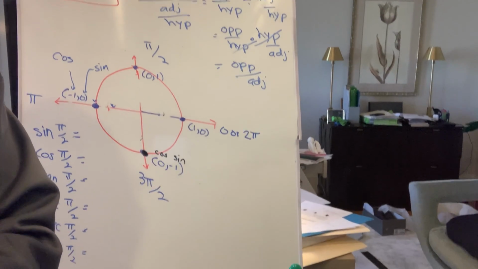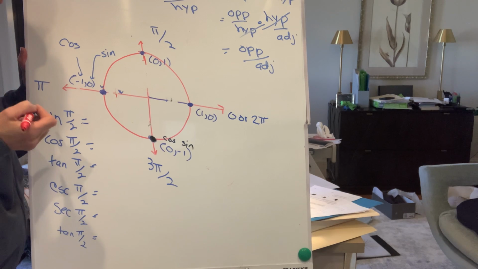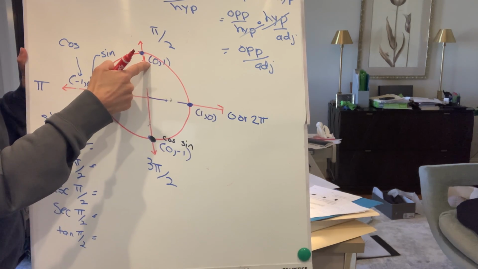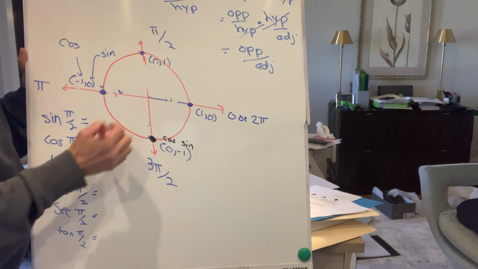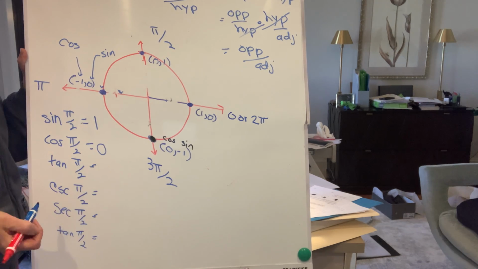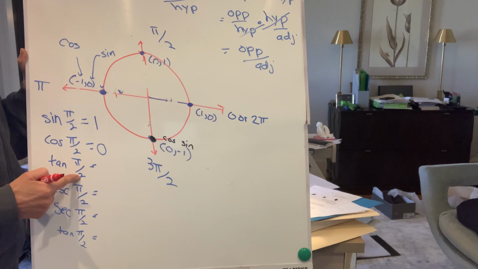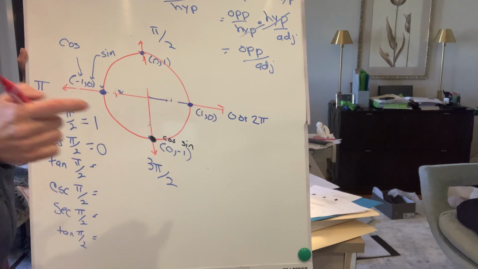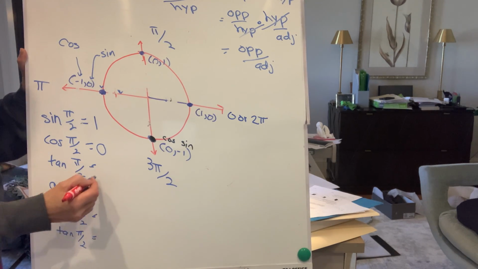All right, that's going to help me down here with my unit circle. You are going to pi over 2, right? The first number is cosine, so we could say the cosine of pi over 2 is 0. The second number is sine, so sine of pi over 2 is 1. Tangent is going to be sine over cosine, we said above, so I get 1 over 0, undefined.